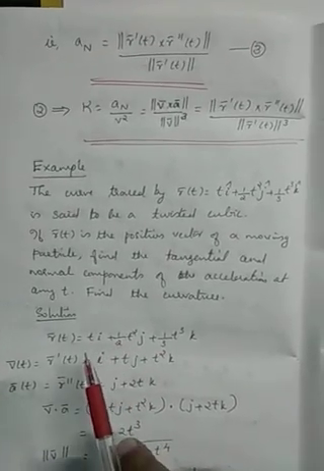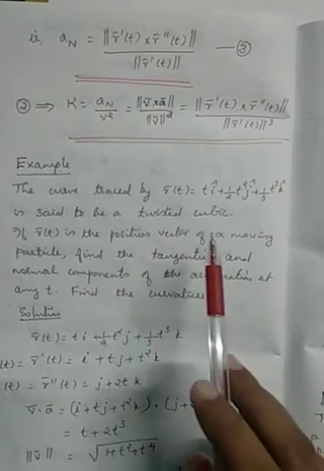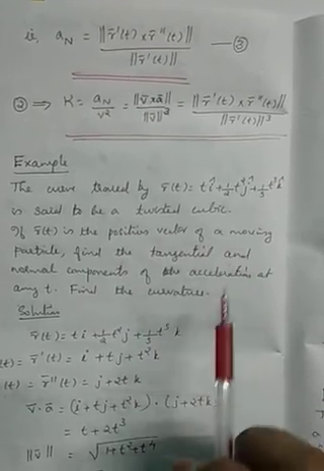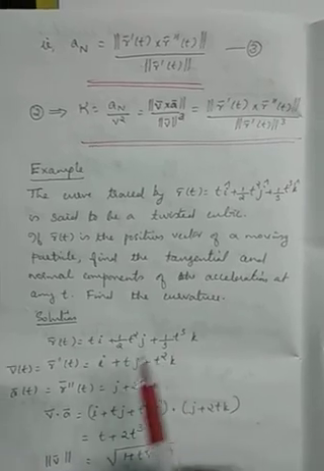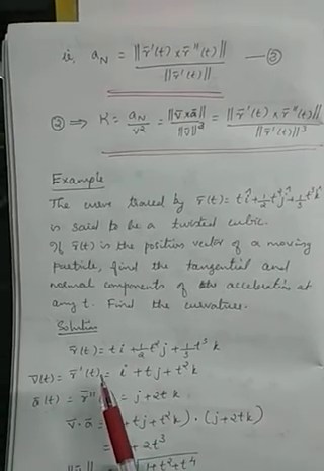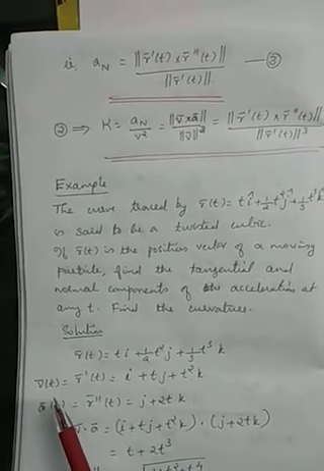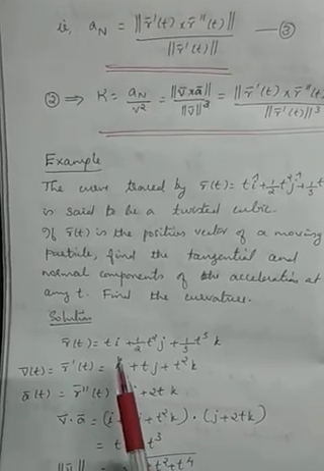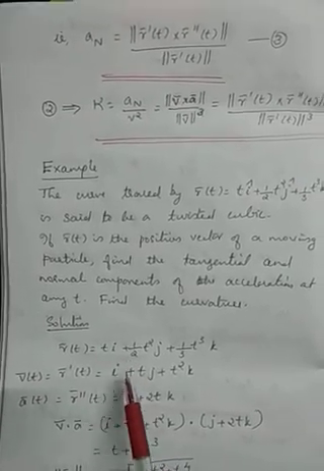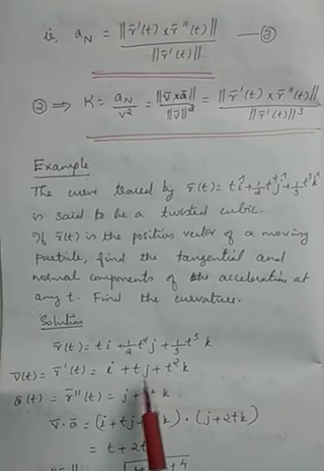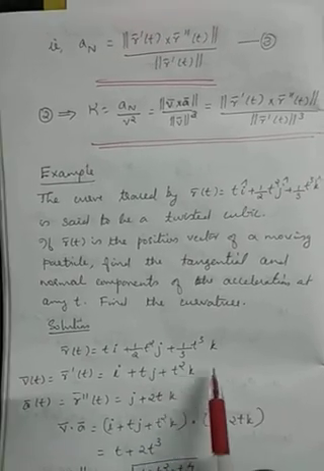We have R of T is equal to Ti plus half T square J plus 1 by 3 T cube K. So, R dash of T means the velocity vector V, which is given by differentiating, we get I plus Tj plus T square K.